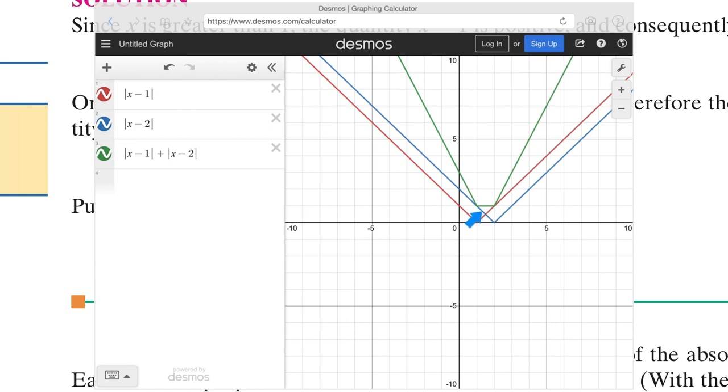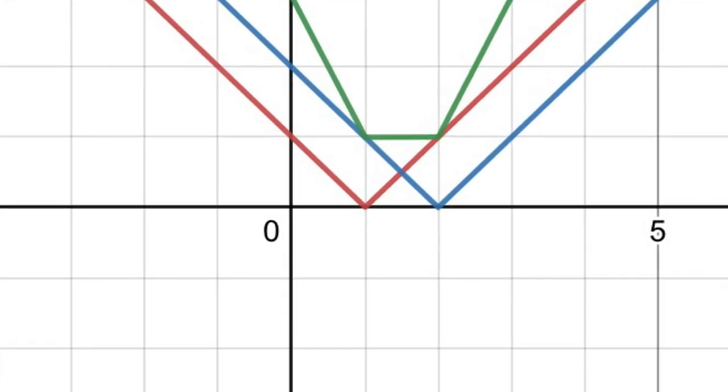So as I add both of these up, in fact, I think I'll bring it in tighter here. This is very interesting. As this is 0 and this is climbing, this is 1 and it's decreasing. So the sum of both of these at each vertical point, up and down, is consistently 1. So from 1 to 2, the output is exactly 1.